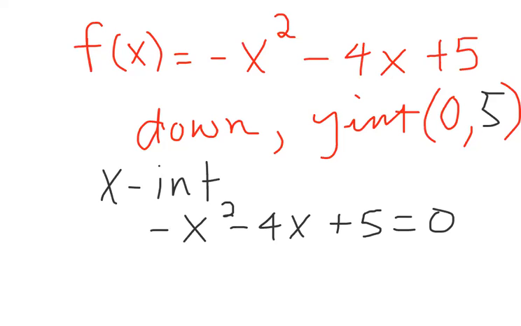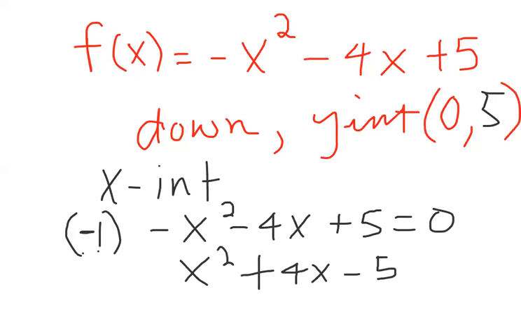So what I'm going to do, rather than working with a negative x squared, I'm going to multiply everything by -1 so I can have a positive x squared. So when I multiply -1 times negative x squared, I get positive x squared. -1 times negative 4x gives me positive 4x. And then -1 times 5 gives me -5 equals 0.